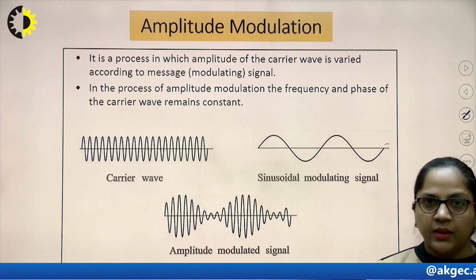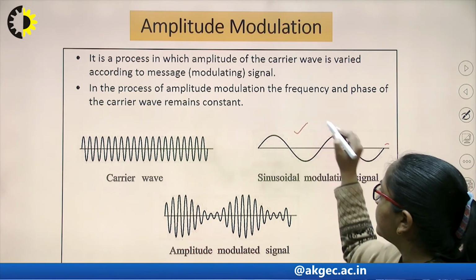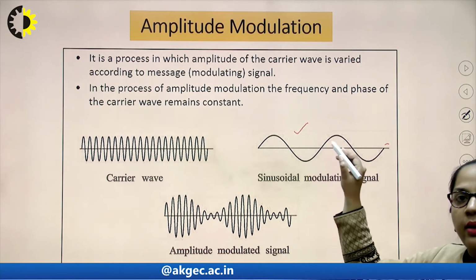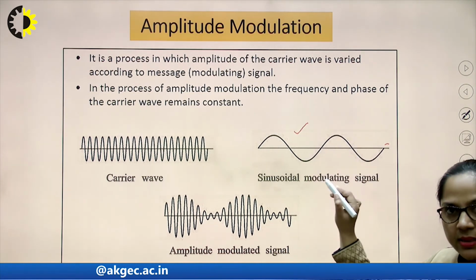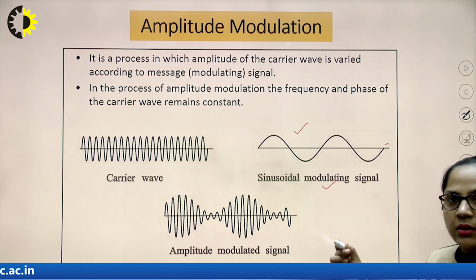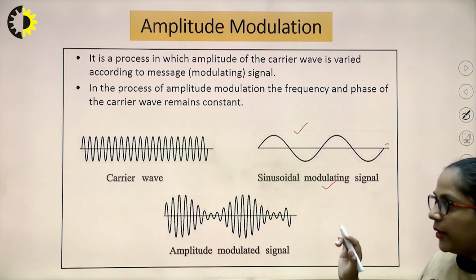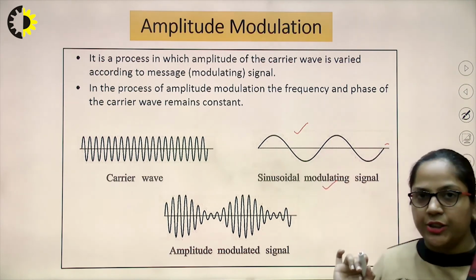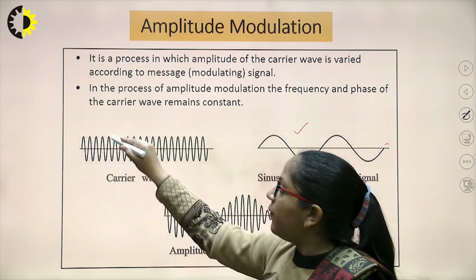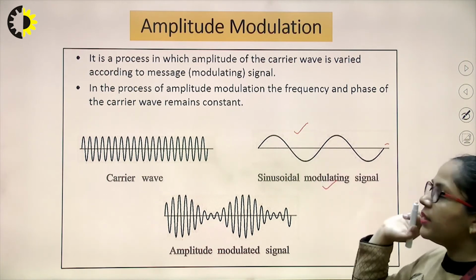First we should be clear that this information signal is also known as the message signal, baseband signal, and modulating signal. Modulating signal means the signal that we want to modulate. So amplitude modulation is the process of varying the amplitude of this high frequency carrier wave according to the instantaneous value of this message signal.